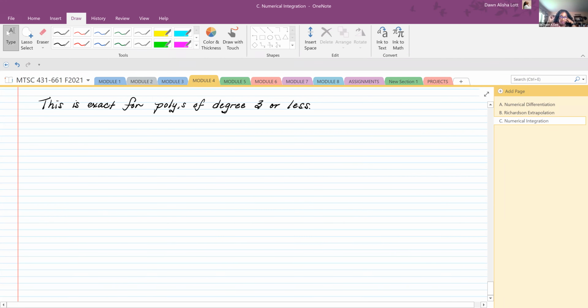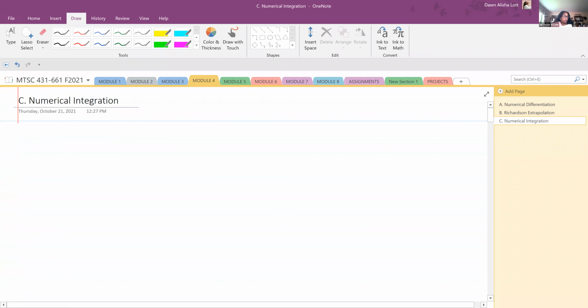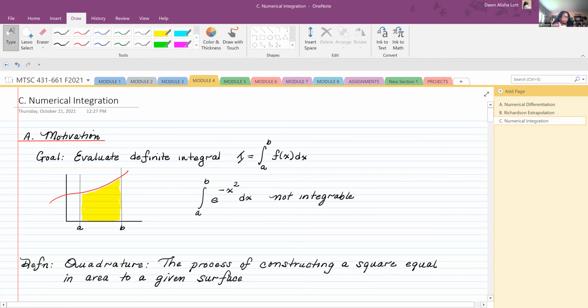This is n equals 3. My notes got out of order. Two was Simpson's rule.